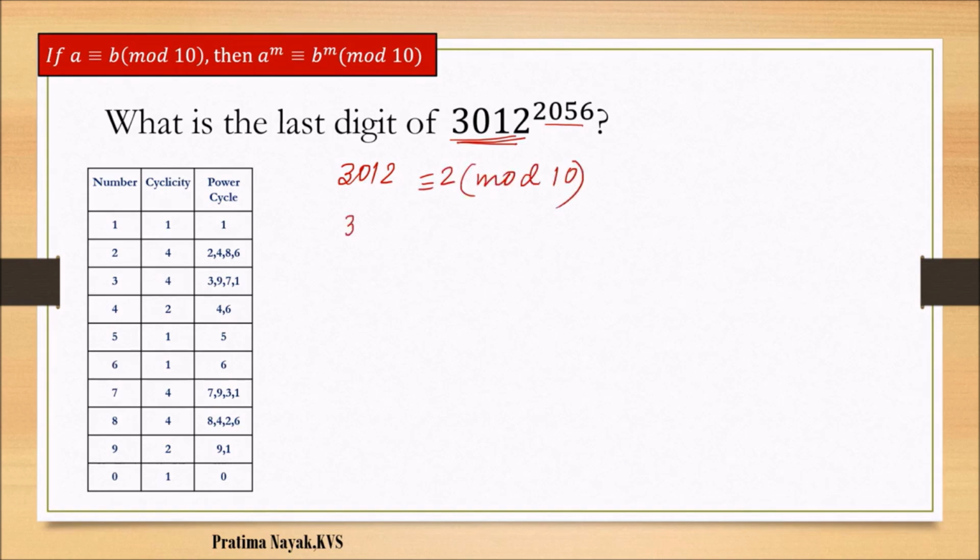So 3012 to the power 2056 is again congruent to 2 raised to the power 2056 modulo 10. So this question is now changed to 2 raised to the power 2056.